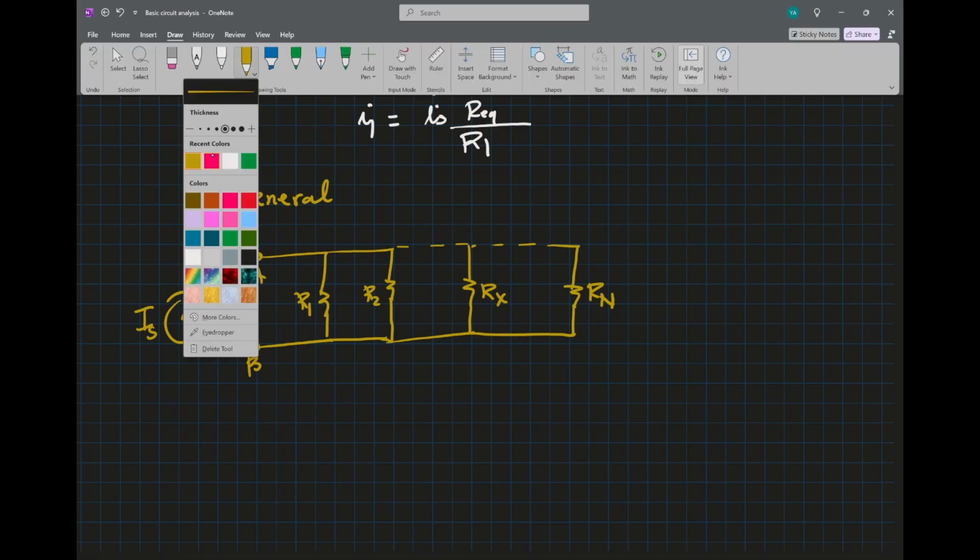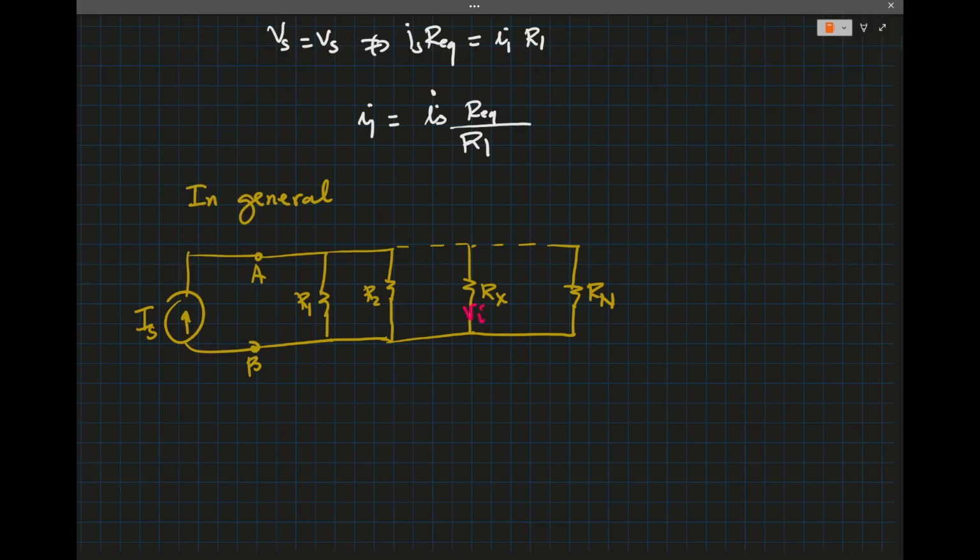If I'm looking for that current Ix, based off what we did there, Ix will be equal to Is times R equivalent divided by Rx.